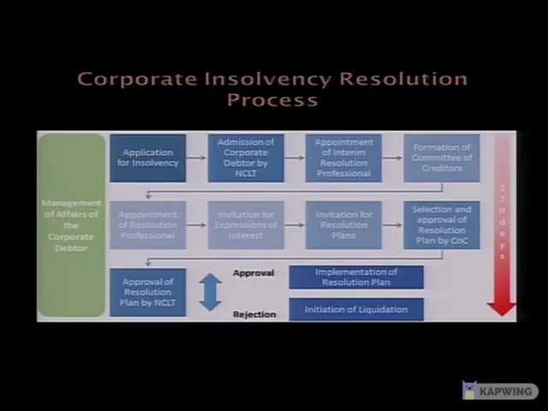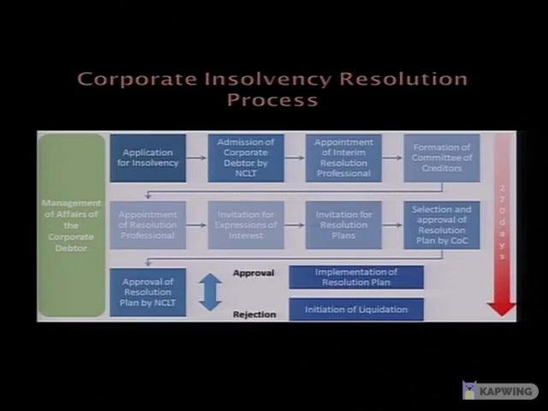So now what you can see on your screen is what a corporate insolvency resolution process looks like. It starts with the application of insolvency, and the corporate debtor gets admitted. The interim resolution professional, which is the IRP, gets appointed, who forms the committee of creditors, and then the RP gets appointed.